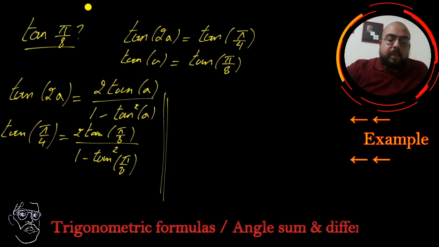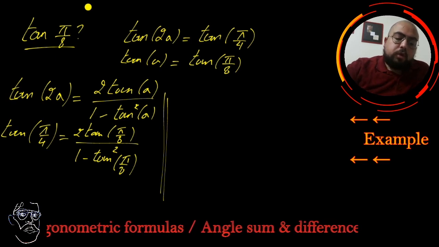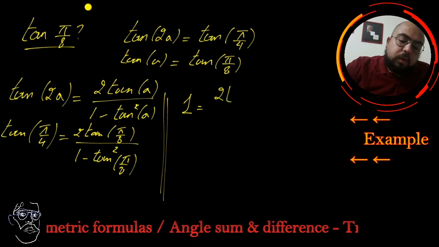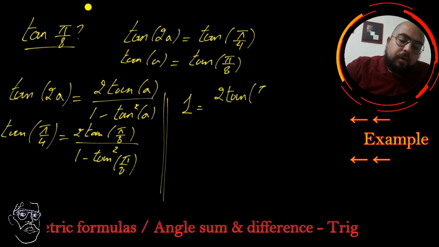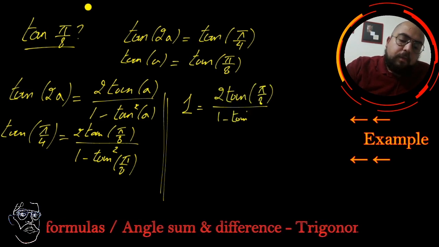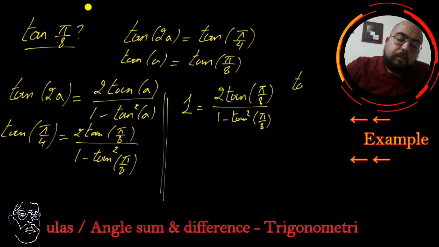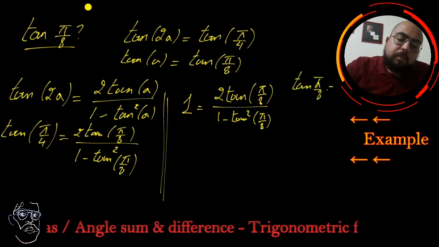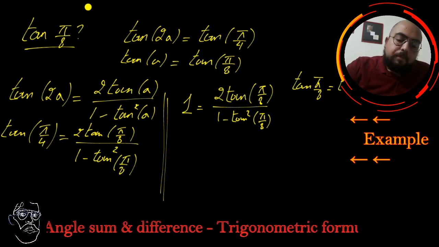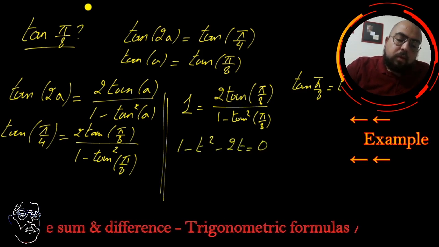Now, in this case, tangent pi over 4 is 1. So you will have 1 is equal to 2 tangent pi over 8 over 1 minus tangent squared of pi over 8. If I suppose that tangent pi over 8 is simply t, I will have this quadratic equation, 1 minus t squared minus 2t is equal to 0.